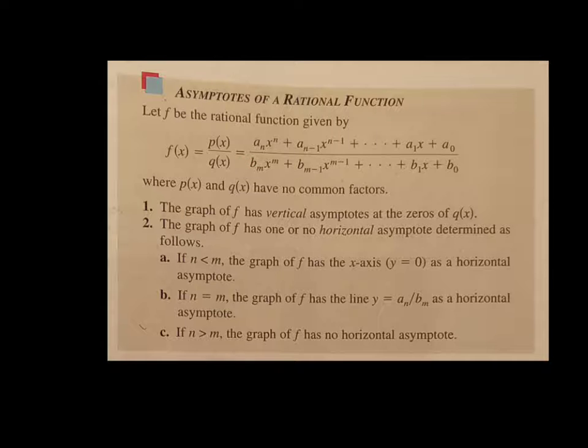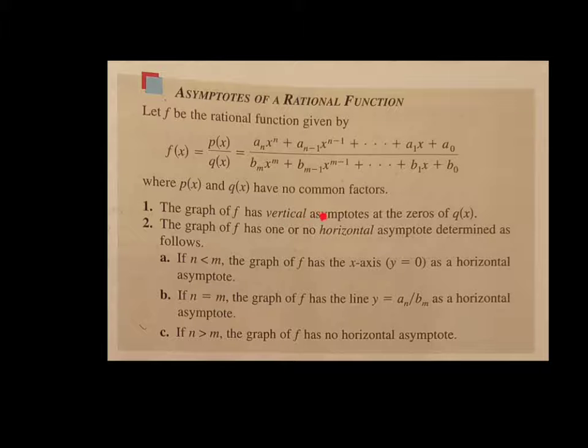So again, if the degrees are the same, you just take the leading coefficient of the numerator and the leading coefficient of the denominator and put them over each other, and that's where the horizontal asymptote is. Okay, and then we'll go over an example. And then finally, if the degree in the numerator is bigger than the degree in the denominator, then there is no horizontal asymptote.